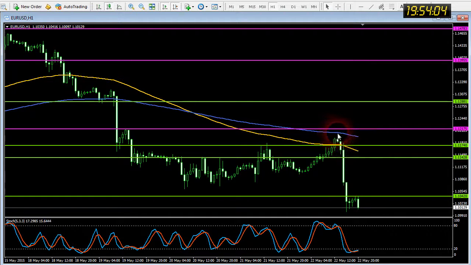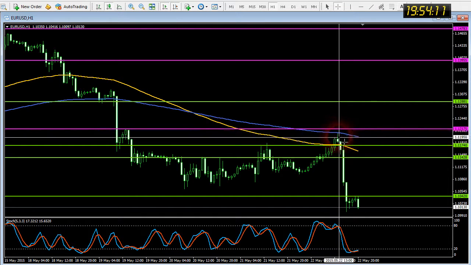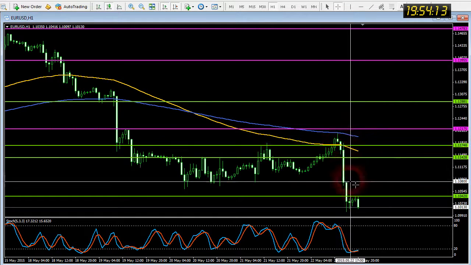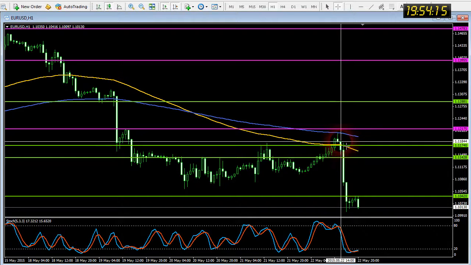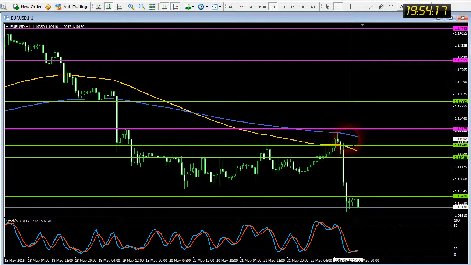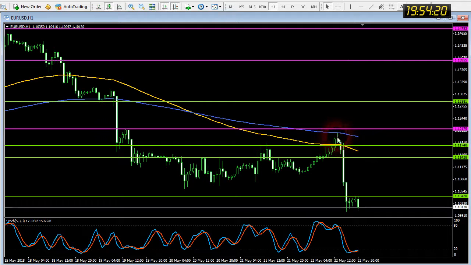So you can take advantage of this in different ways. Either you're a long-term trader, where you could wait for this candle to close down and then take a put option, or you're a short-term trader like I am. Many of you have asked me, do you wait for this candle to close before you enter the trade?